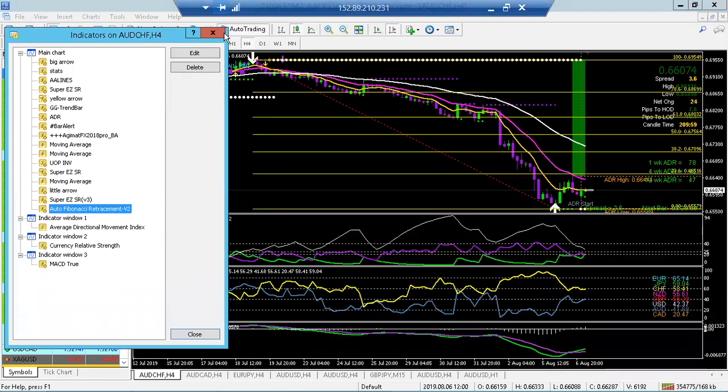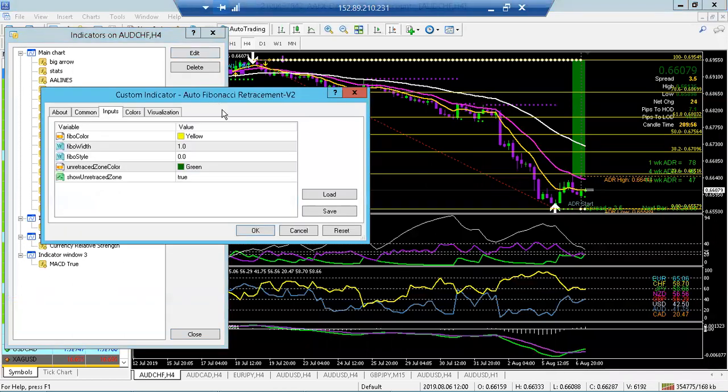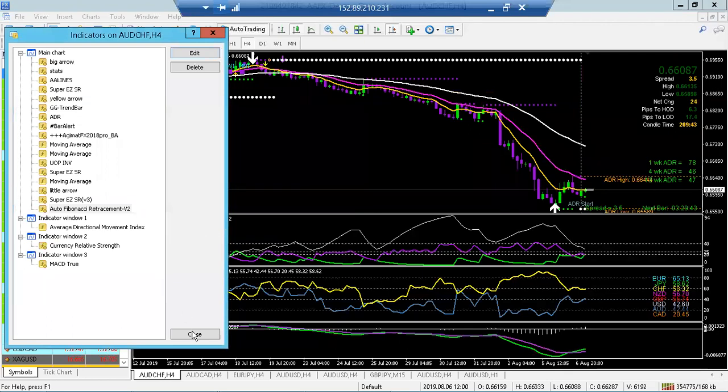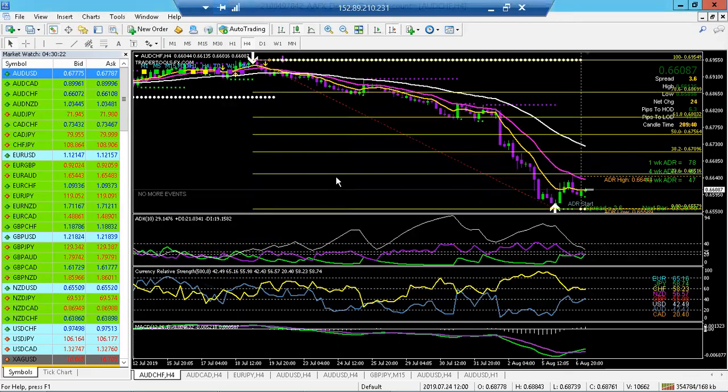Watch this. I can go to show unretraced zone. So all that is the zone that hasn't retraced yet, and it takes it off. But how do you get it to be vertical like that?